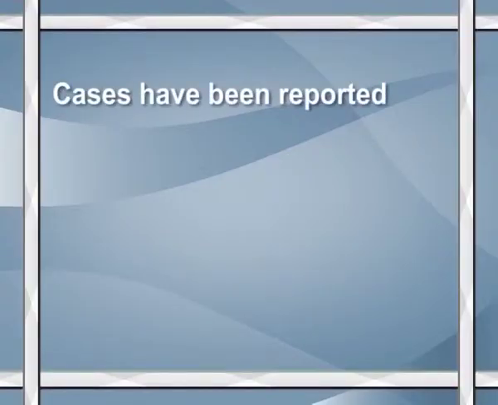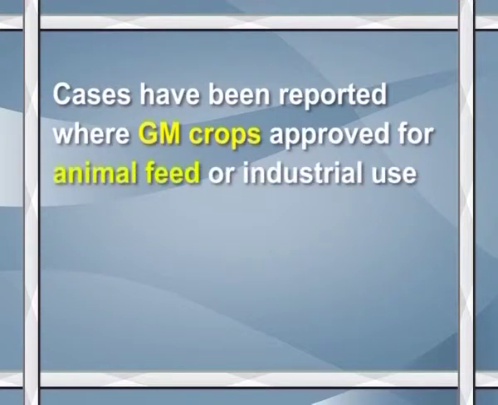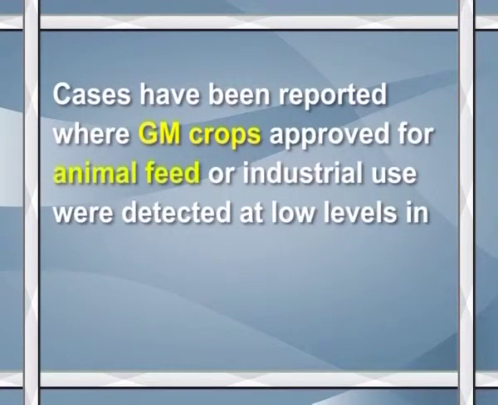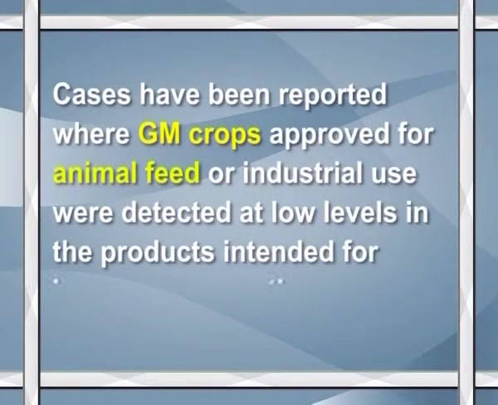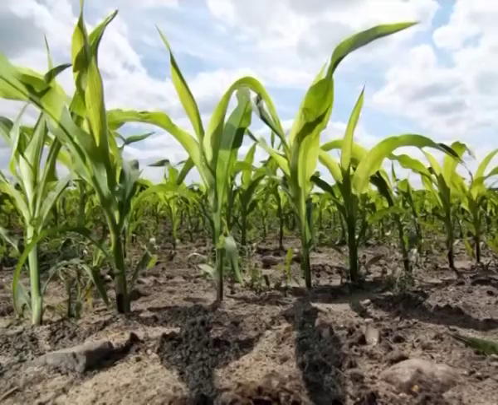Cases have been reported where GM crops approved for animal feed or industrial use were detected at low levels in the products intended for human consumption. Several countries have adopted strategies to reduce mixing, including a clear separation of the fields within which GM crops and conventional crops are grown.